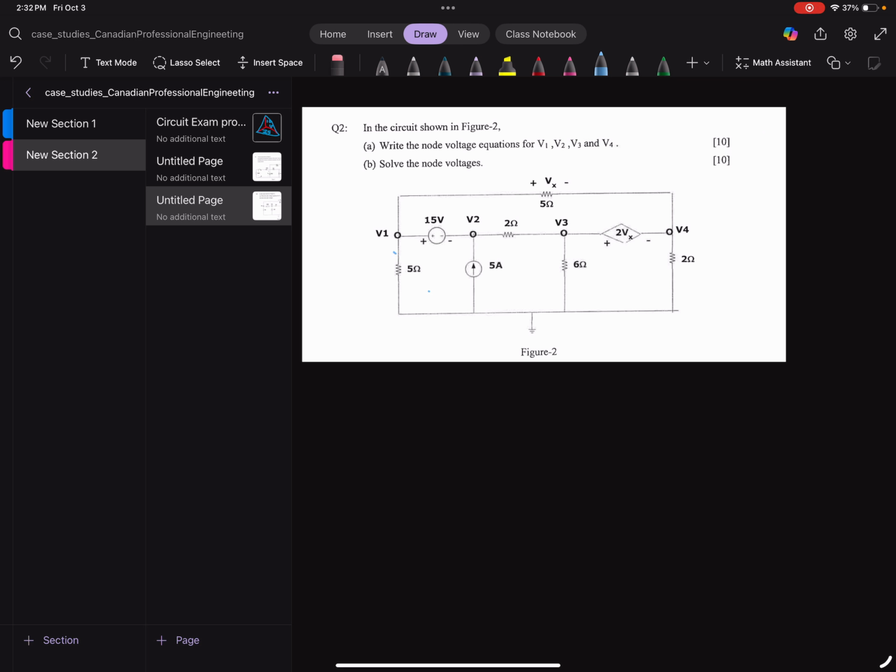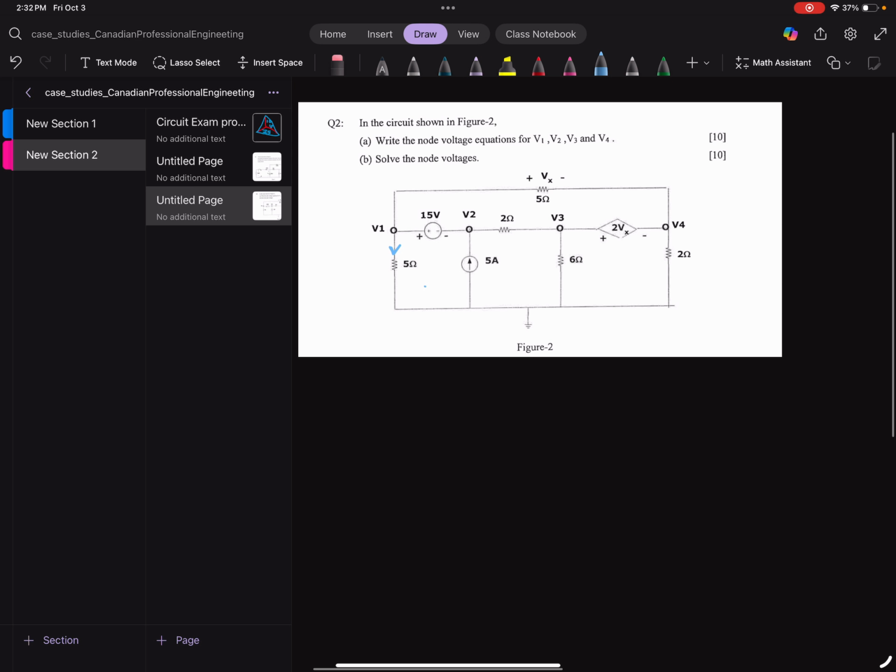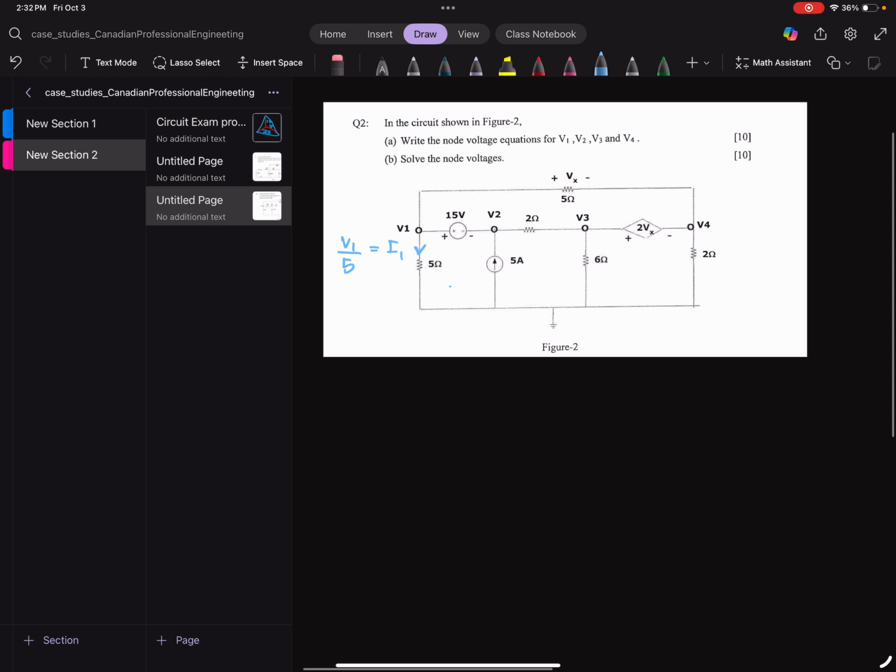At V1, we have a current that would go down. Let's call this I1, and I1 is exactly equal to V1 over 5 ohm, and that's the direction. This is I1.